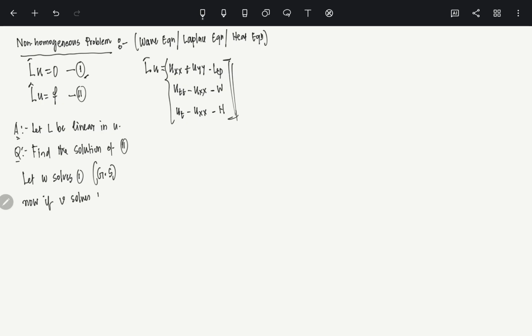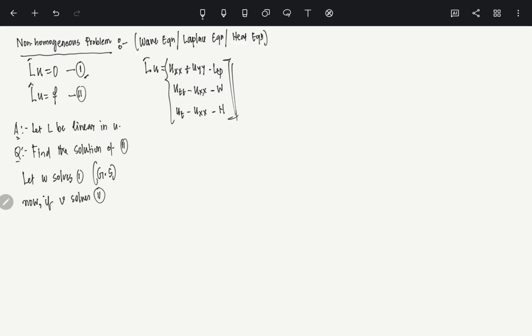Now, say v solves 2. You will ask: we are trying to find the solution of 2, so why are we starting with a solution of 2? Essentially, we are trying to find all possible solutions of 2, if it is possible, the variety of solutions, whatever is possible to find.